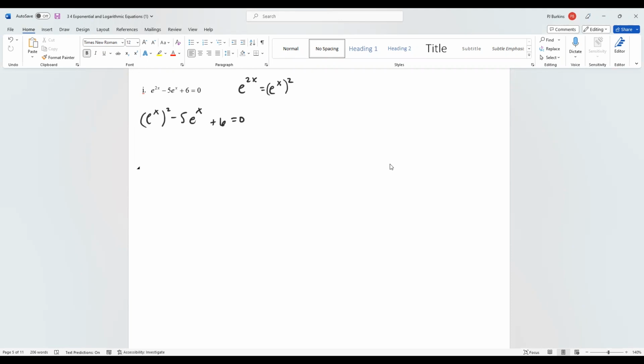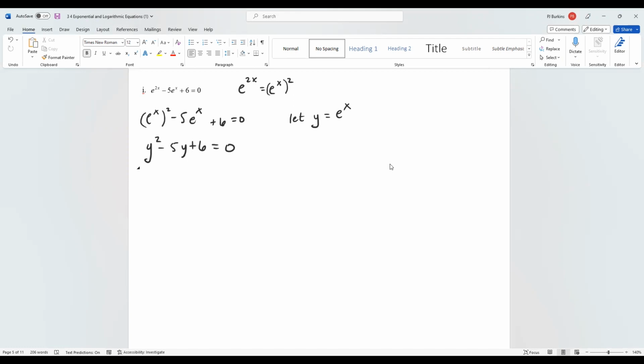Then what I can do, if it helps, is say let y equal e to the x, just for a second. So if I substitute that in, I get y squared minus 5y plus 6 equals 0. And now it looks normal to me in terms of factoring.